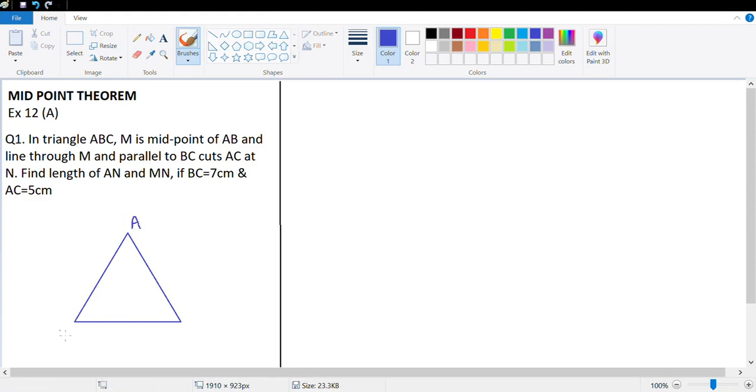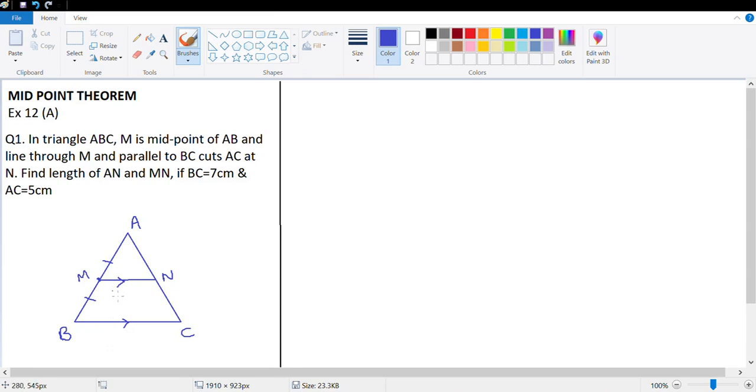So in triangle ABC, M is the midpoint of AB. So let's say this is M. It is the midpoint, which is AM and BM are equal. And a line through M and parallel to BC cuts AC at N. So this is parallel to BC.